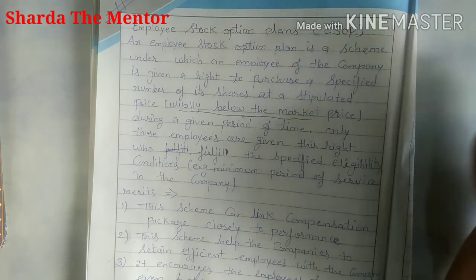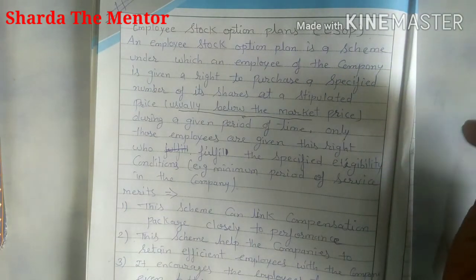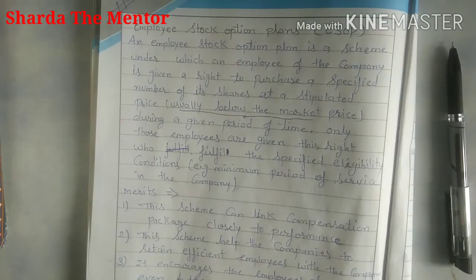Suppose the market price is 1000, the company gives them the option to buy shares at 800 or 900, whatever price is decided by the company. That will be paid by the employees in installments, and that amount can be deducted from their salary.